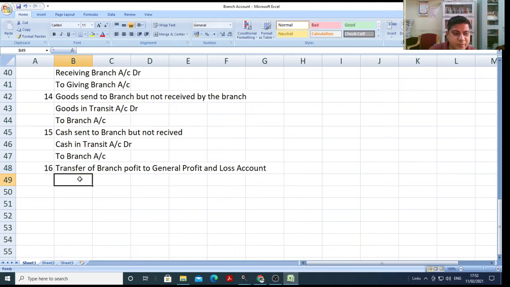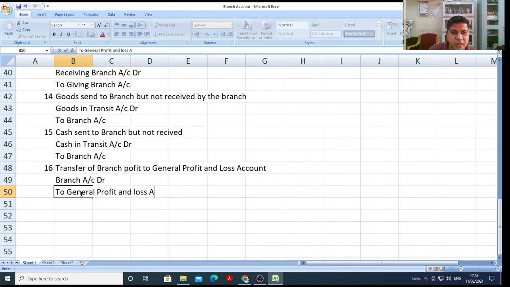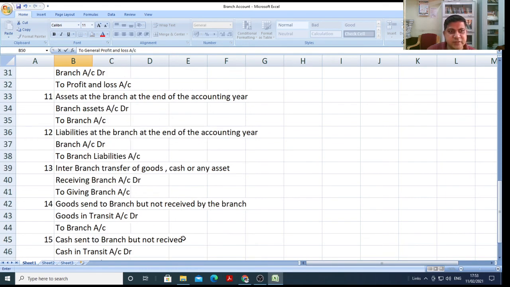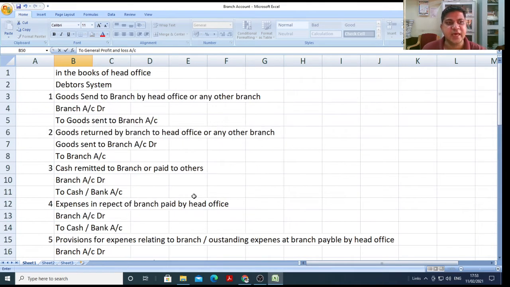The entry will be branch account debit to general profit and loss account. So see friends, these are the important entries that we have discussed right now. Total 16 entries are there. So these entries in the books of head office, we have discussed the dependent branch accounting.